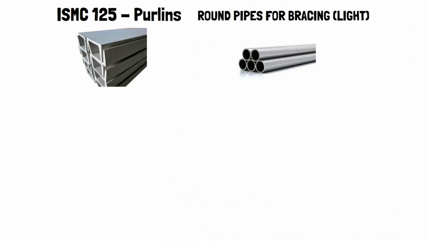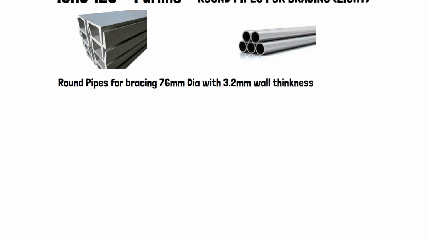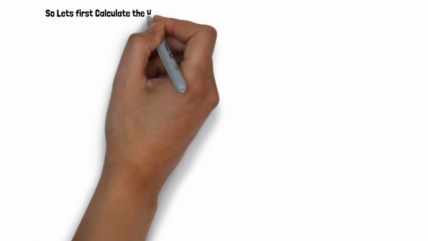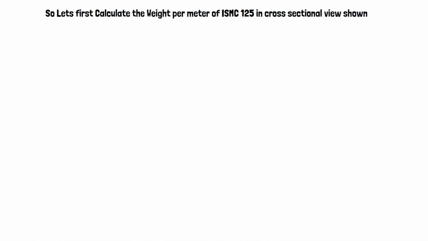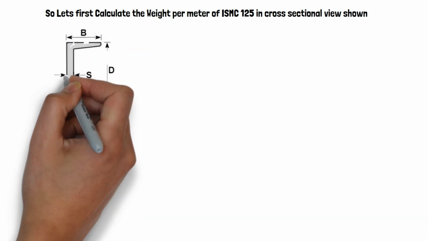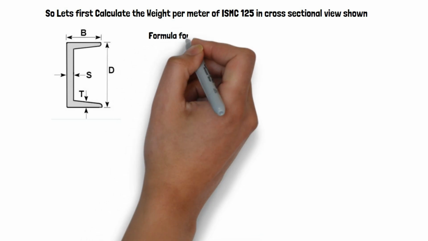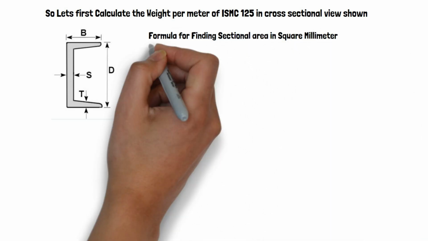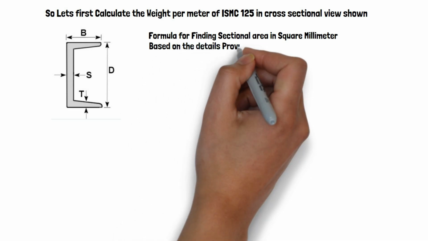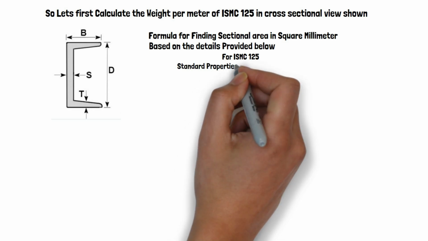Now let's find the weight for ISMC 125 used for purlins. Let's find the cross-sectional area first.